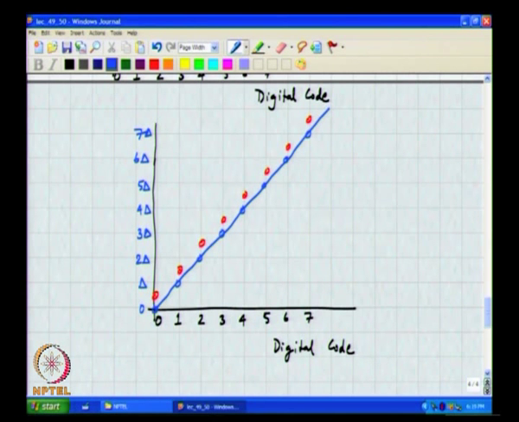In practice, one common kind of error is when you join these points, you get a straight line. However, this straight line is shifted up or down from the ideal line, and this is called the offset.